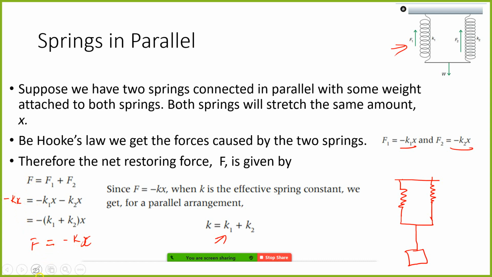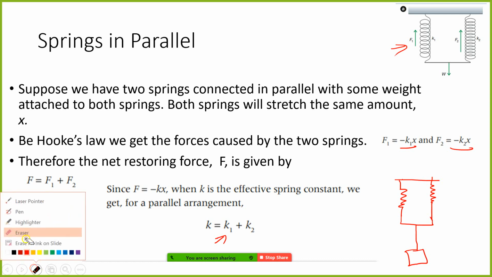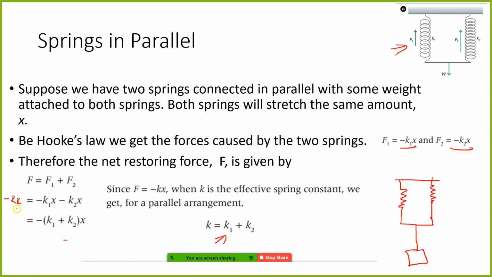So let me just erase it because it might be a little bit confusing. That F on that side is going to equal minus K times X, where that K is basically the effective spring constant for when the springs are in parallel. So far we can say minus K X is equal to minus bracket K1 plus K2 close bracket times X. Now these X can cancel out.